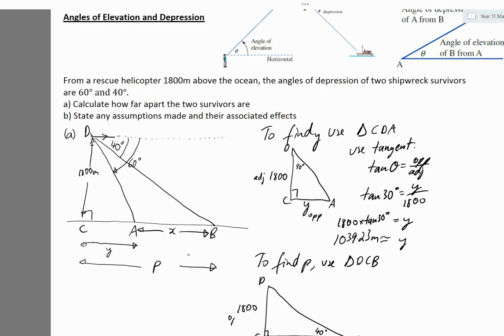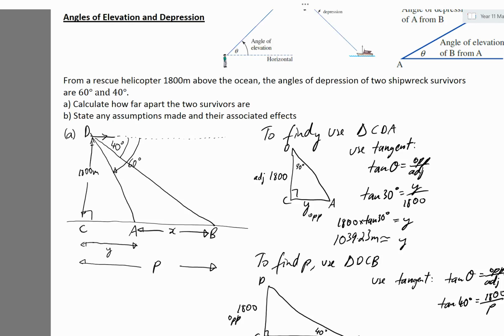Again, opposite and adjacent. Remember, it's always from the point of view of that angle. So again, I'm going to use the tangent ratio, which is tan theta equals opposite over adjacent. So tan 40 is 1800 over p.